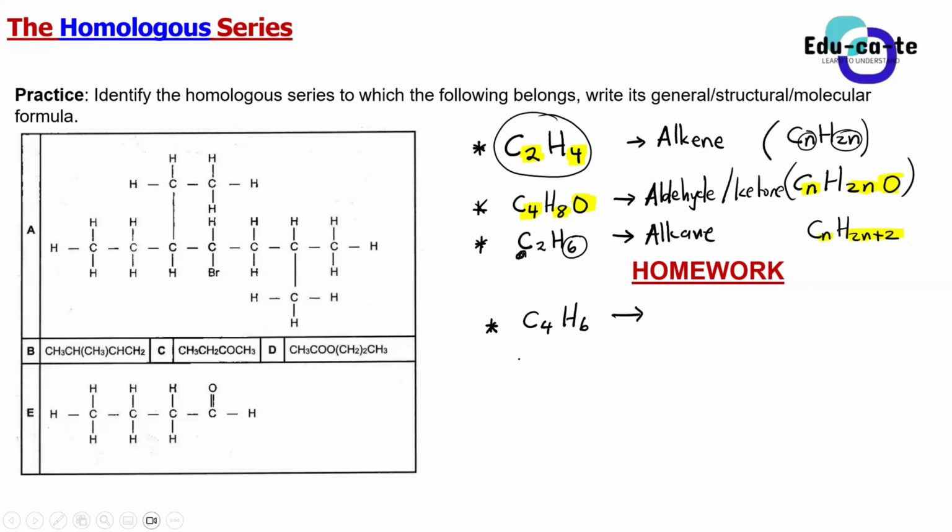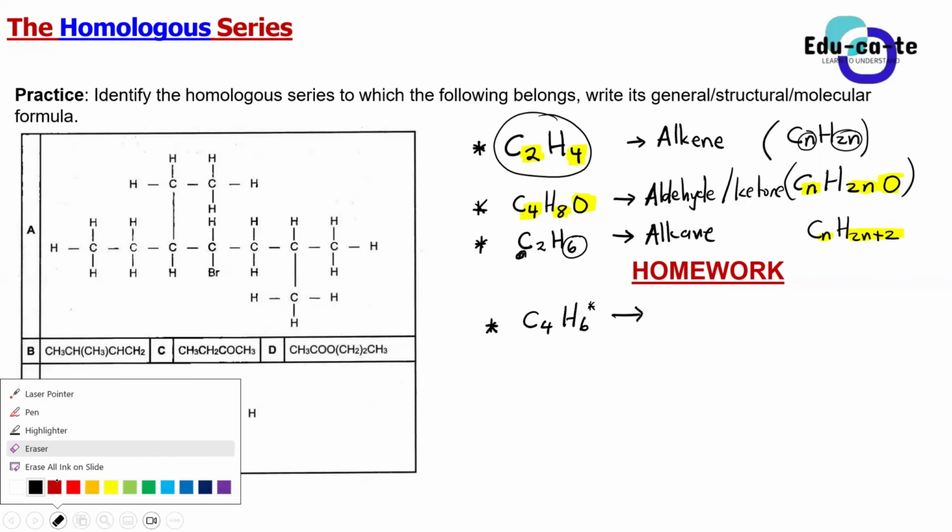Take your time, look at it carefully. C4H6. Look at the relationship between 4 and 6. If 4 is your number of carbon atoms, how can you get this 6 by using it? Yes, Sam. Alkynes, sir.